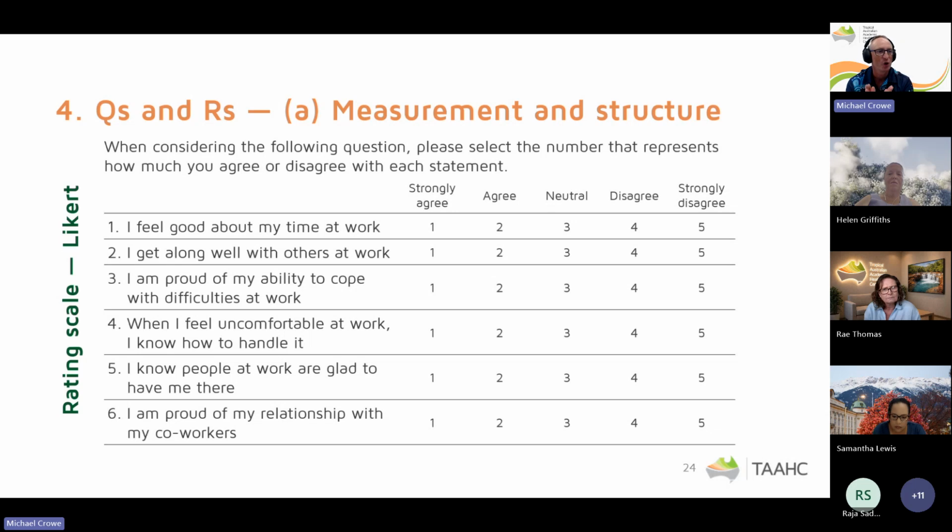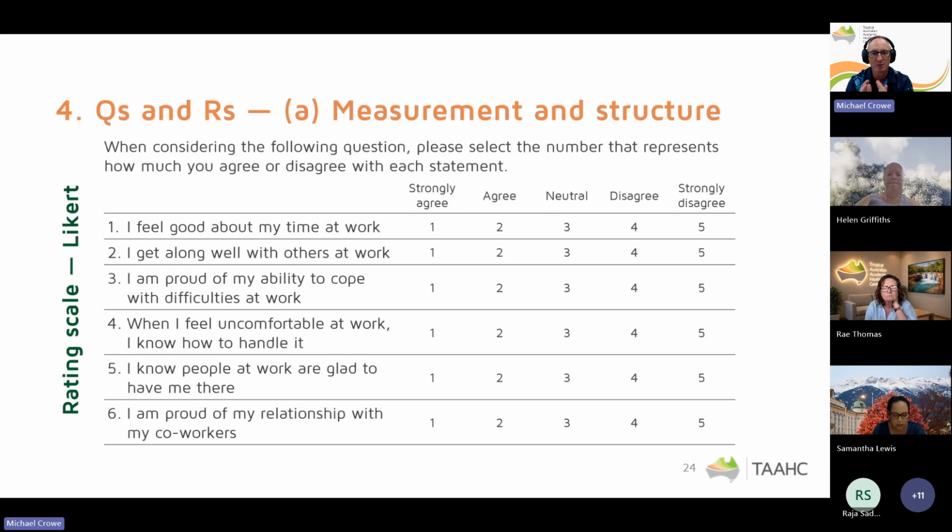There's a few things. One is that they always have to have a neutral, and they always have to have a strongly agree to a strongly disagree, or a very important to a very unimportant. They can have between 5 and 7 steps in between, but must have a neutral.